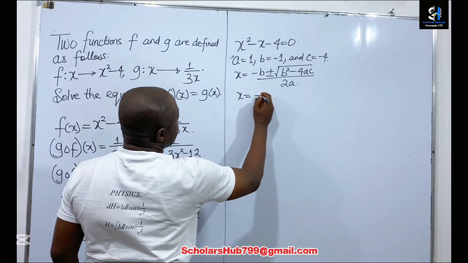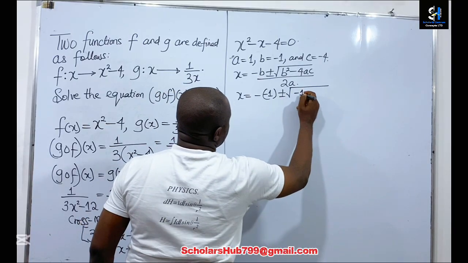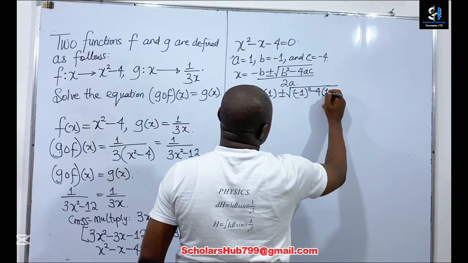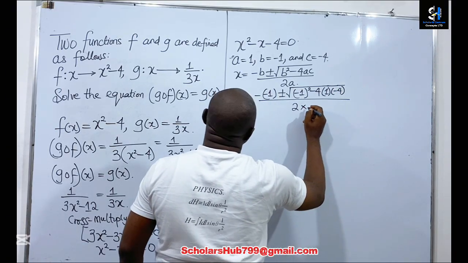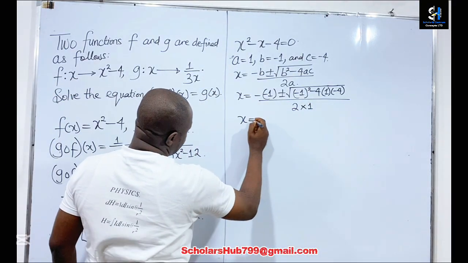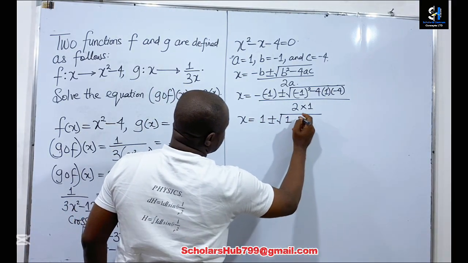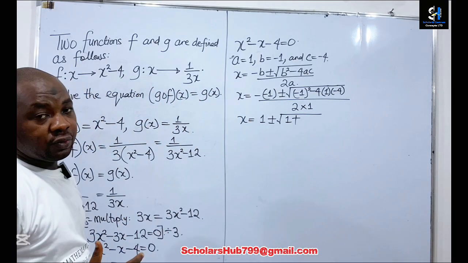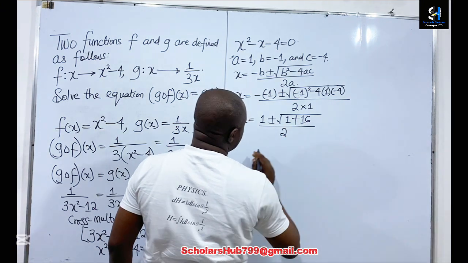So x will be equal to minus negative 1 plus or minus square root of minus 1 squared minus 4 multiplied by 1, then multiplied by minus 4, all over 2 multiplied by 1, because the value of a is 1. So in this case, x equals 1 plus or minus square root of 1 plus, because minus 4 multiplied by minus 4 is plus 16, so this will be plus 16, divided by 2.